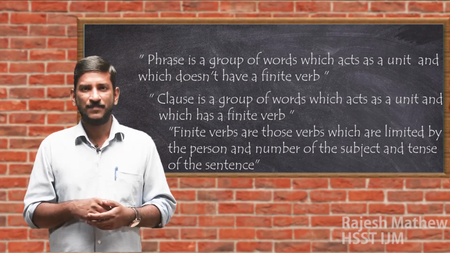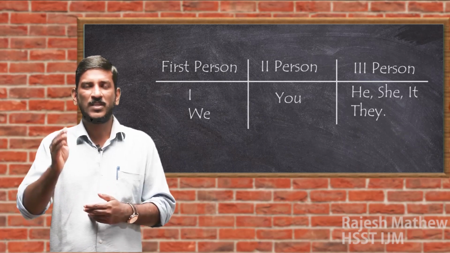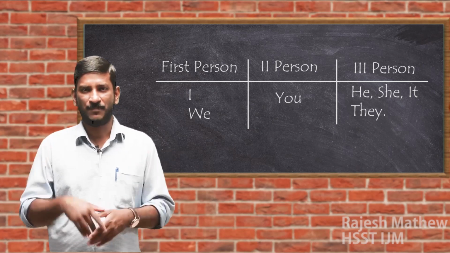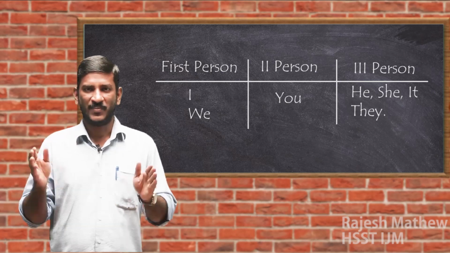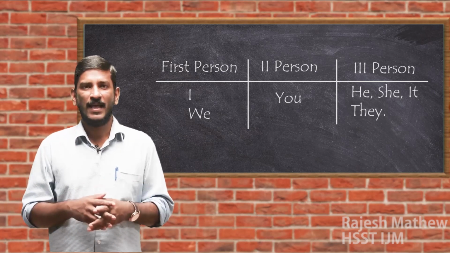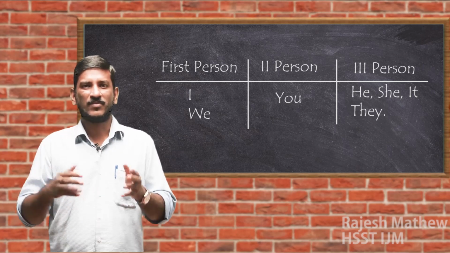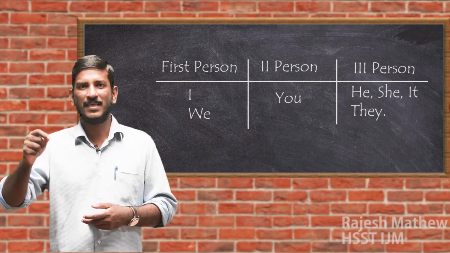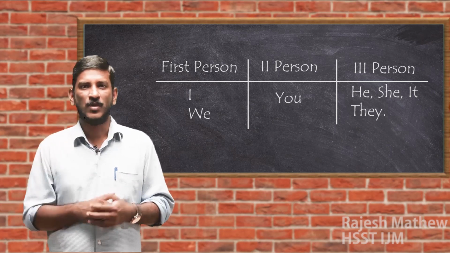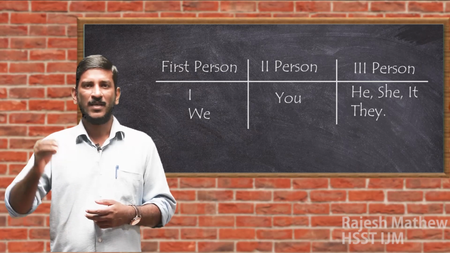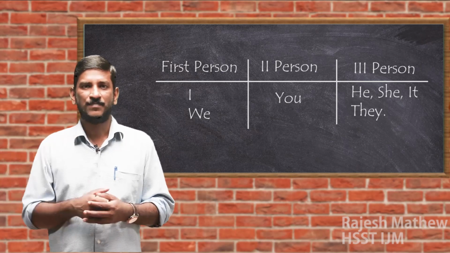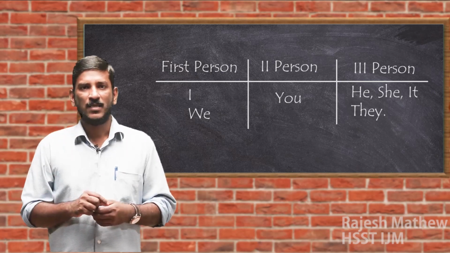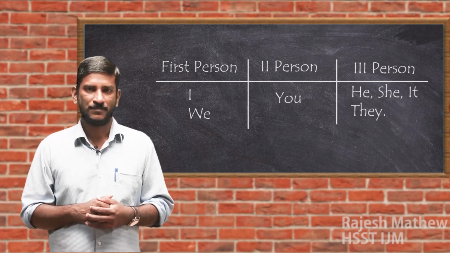There are 3 persons. You have a clear idea about what these are: first person, second person, and third person. The speaker is the first person; the listener, the second person; and the person or thing that we speak about is the third person. So the first person is I and we; second person, you; and third person, she, he, they, it, etc. So a finite verb is restricted by the person of the subject.